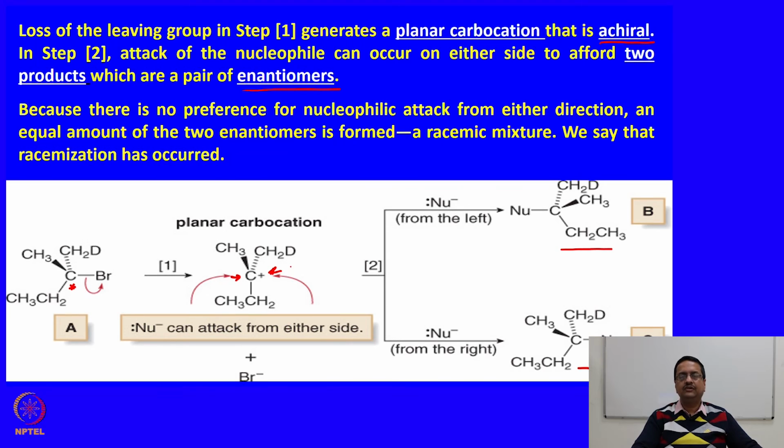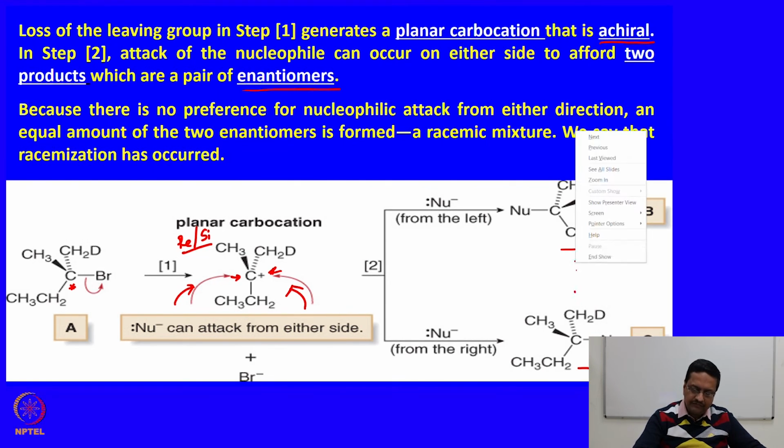These 2 faces can be identified as Re or Si faces, and they can also be called pro-R or pro-S faces. And when the nucleophile attacks from the left hand side or from the right hand side, you get 2 different products B and C, and these 2 compounds are a pair of enantiomers.